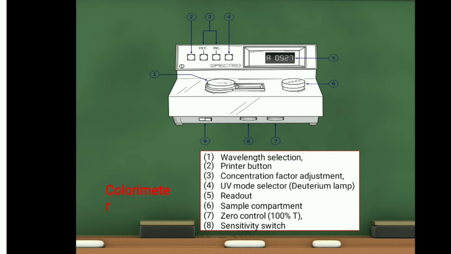Fourth, UV mode selector, deuterium lamp. Fifth, readout. Sixth, sample compartment. Seventh, zero control. Eighth, sensitivity switch.